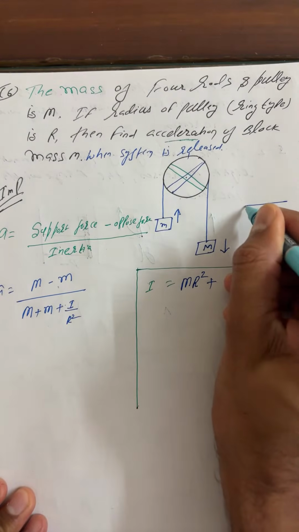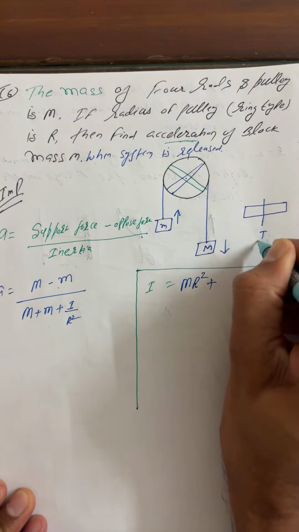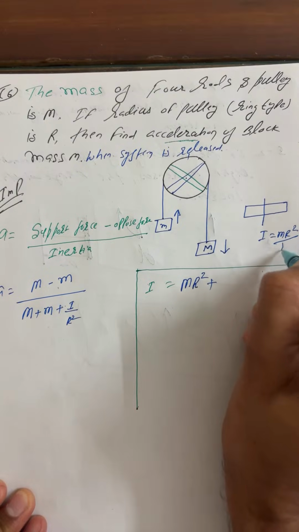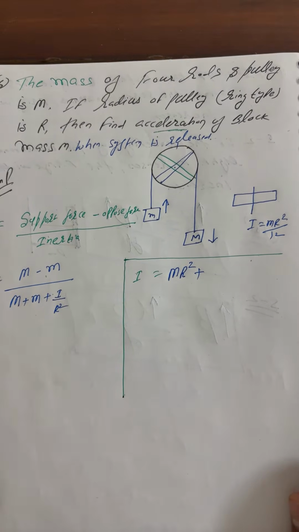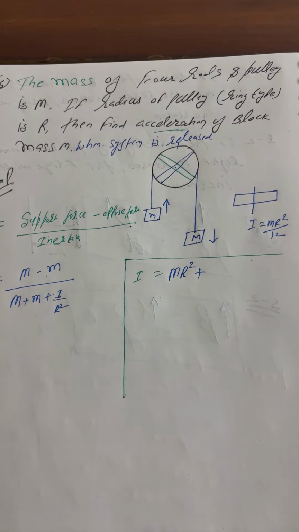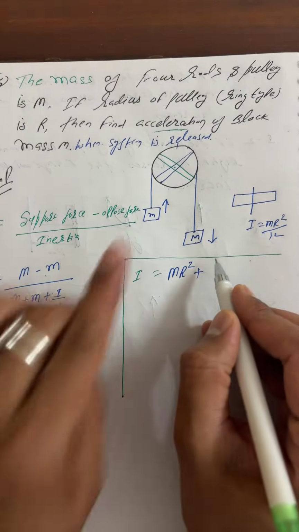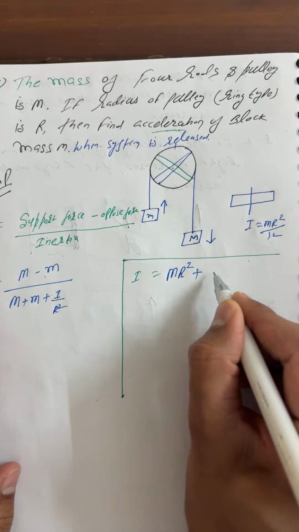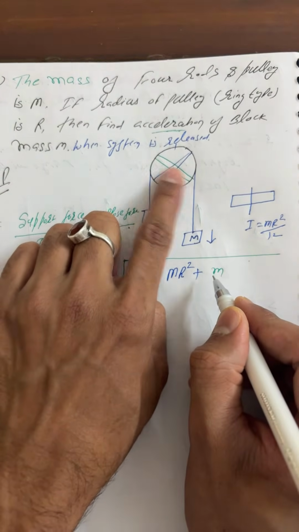I hope all of you remember: I equals m r square by 12. What is the mass of the rod? It's small m. And what's the length of the rod? R and R.